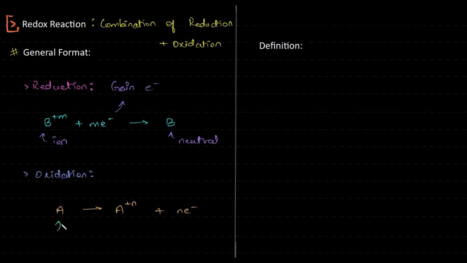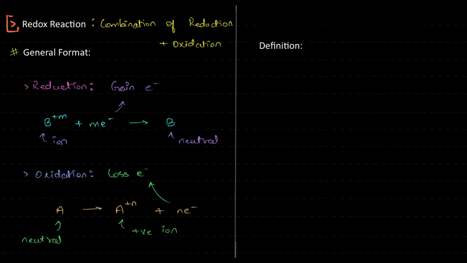So we have something that is neutral, and this will lose electron, and becomes a positive ion. So this is your general format. That's how you can understand if something has got oxidized or reduced.